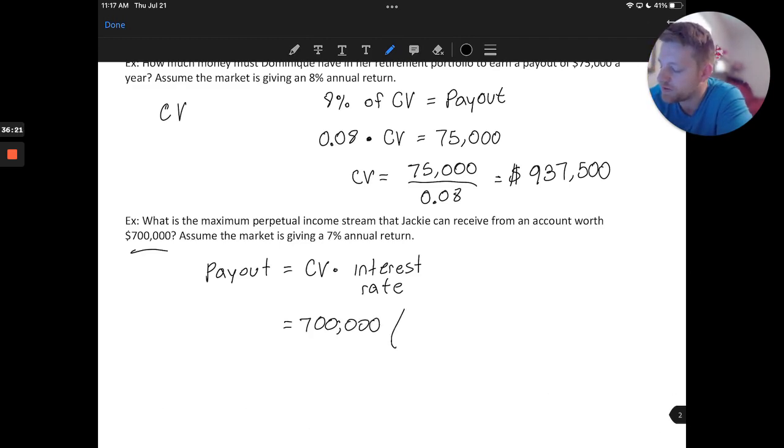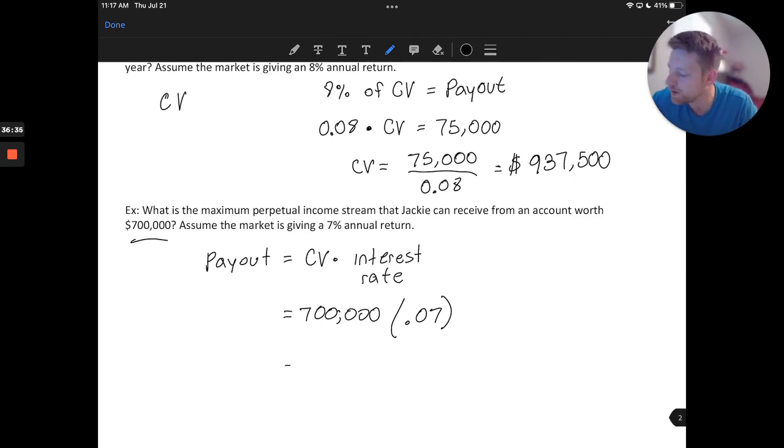That's the maximum I can actually take out of that account, because that's what I'm earning each year, to never actually touch that $700,000 principal. And if we multiply those two values out, we get $49,000. So this is the maximum annual payout that we can earn from $700,000 at 7% interest to continue to get that payment every year in perpetuity. So that would be our solution there.